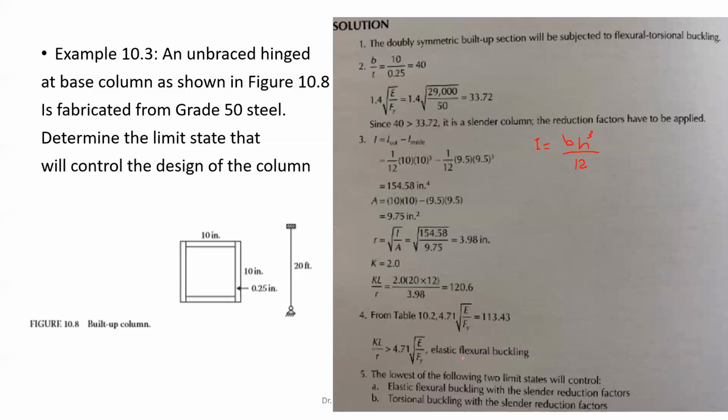And because of that, the mode of failure that is controlling, or the limit state, excuse me, is the lowest of the following: elastic flexural buckling with the slender reduction factors, or torsional buckling with the slender reduction factors. And that's it. That's all I needed.